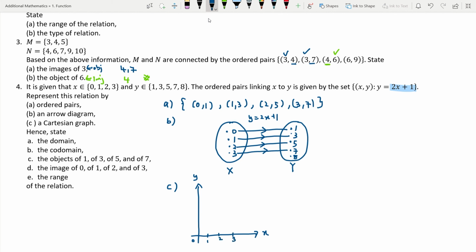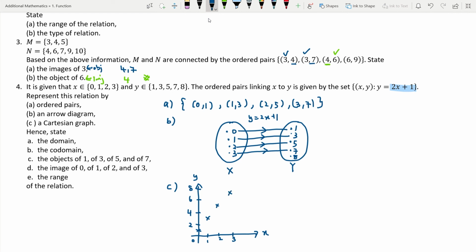For y, we have values up to 8. This is 4, 8. Let's plot the points (0, 1), (1, 3), (2, 5), (3, 7).